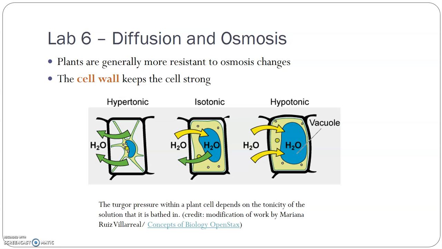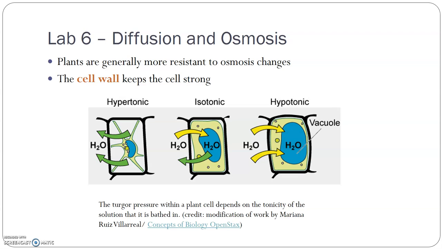Now, just because there's a cell wall there doesn't mean that that affects the movement of water. So the plasma membrane will obviously be affected by water, and then the plant cell can actually lose or gain water through the cell wall as well. So remember that in a hypertonic solution, water will move to the higher concentration of solute outside the cell.